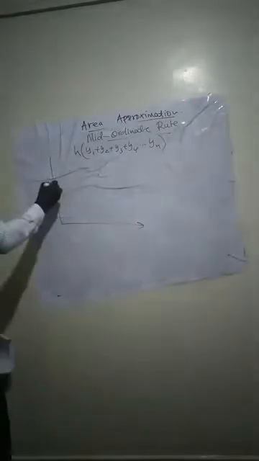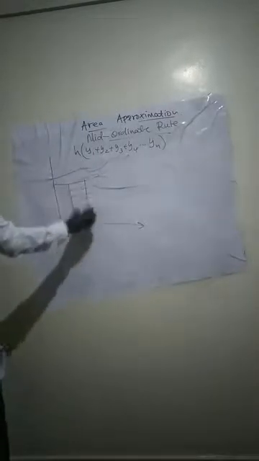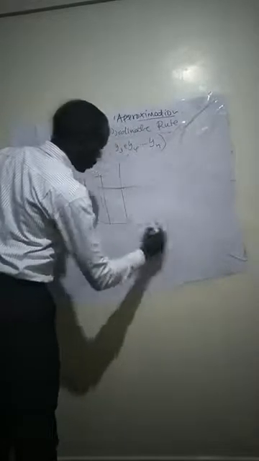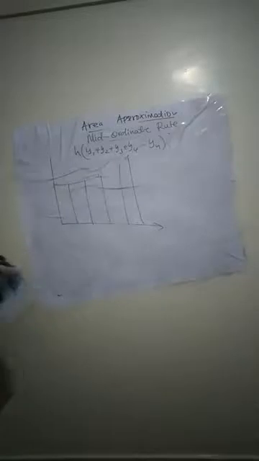So if you have such a curve, and you are told to use 5 strips, just like I've said in the other case, the first thing is to make sure you have the required number of strips. So in this case, I have 1, 2, 3, 4, 5 strips.